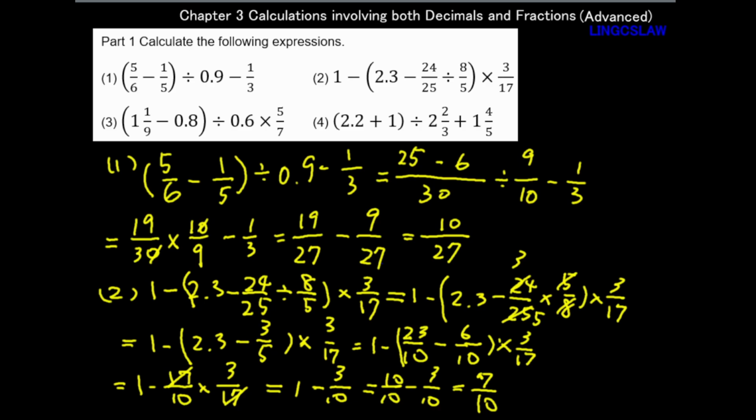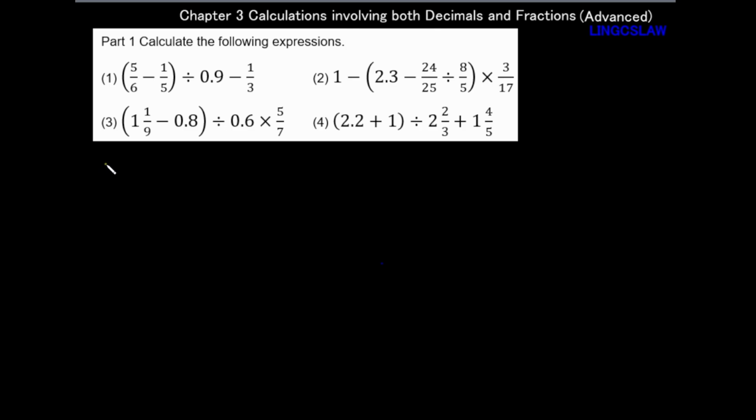Alright, let's go on to the next one, number 3. 1 over 1 and 1/9 minus 0.8 divided by 0.6 times 5 over 7 equals. In this case, division and multiplication, so I'll do the whole terms, but before that I'll do this part.